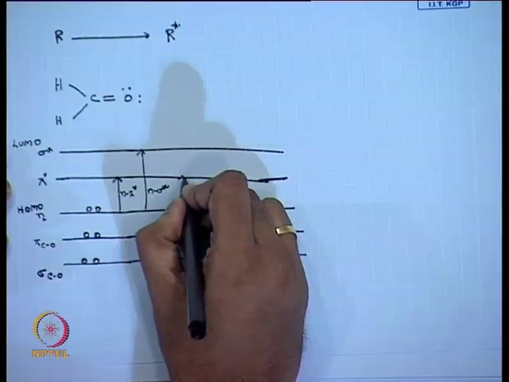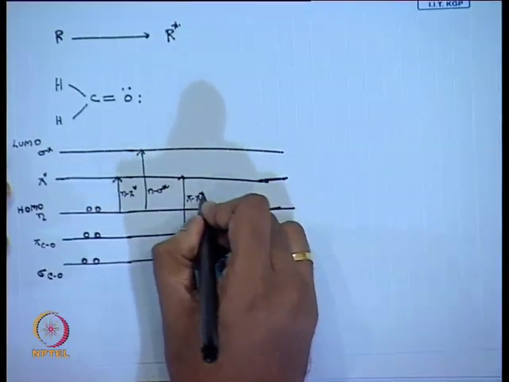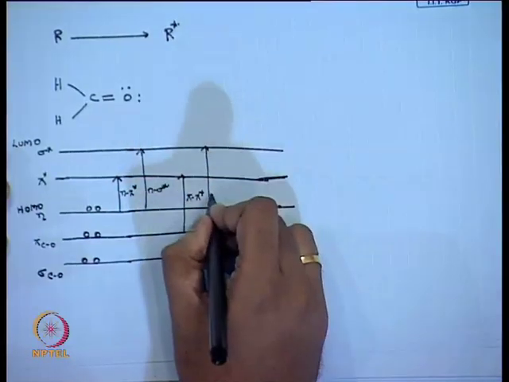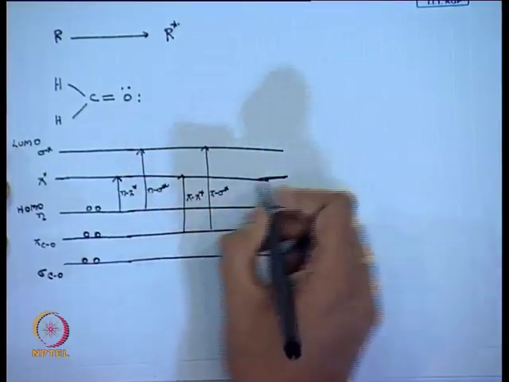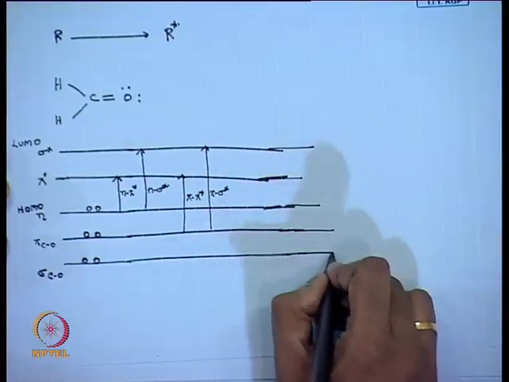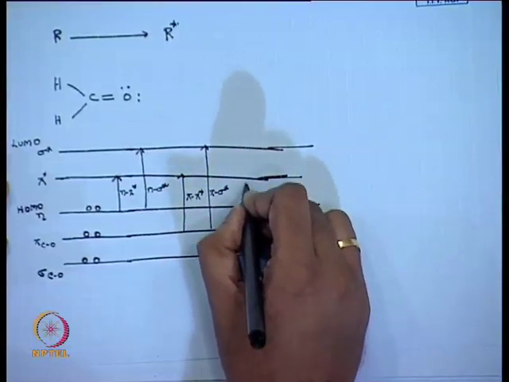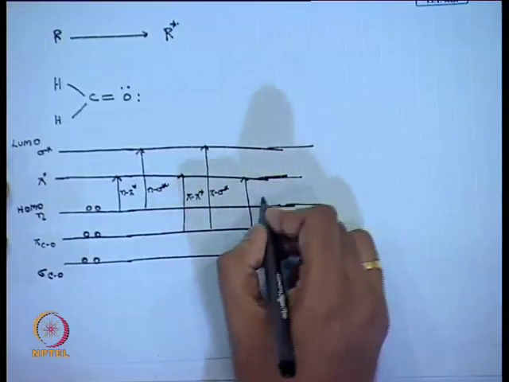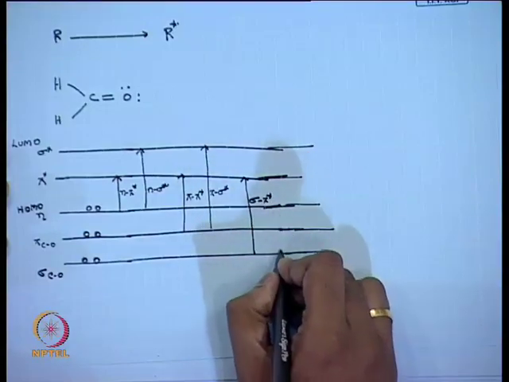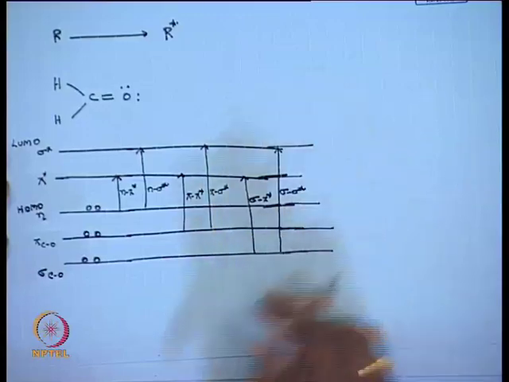Then from pi we will have a pi pi star transition, and then we will have a pi sigma star transition. From sigma you can have a sigma pi star transition, then you have a sigma sigma star transition.